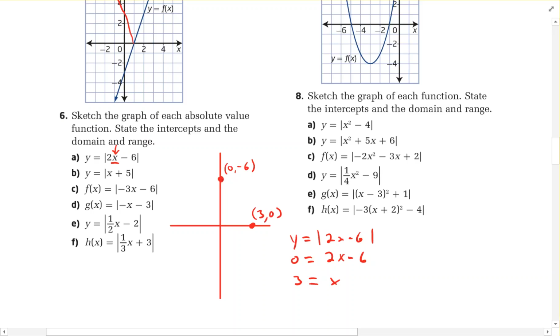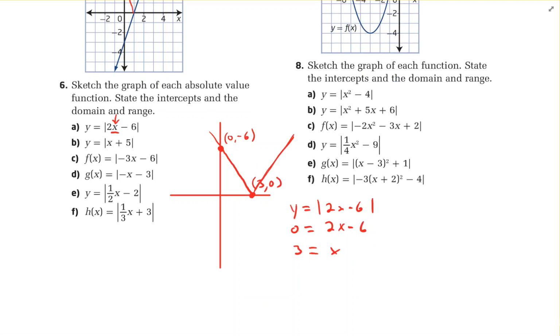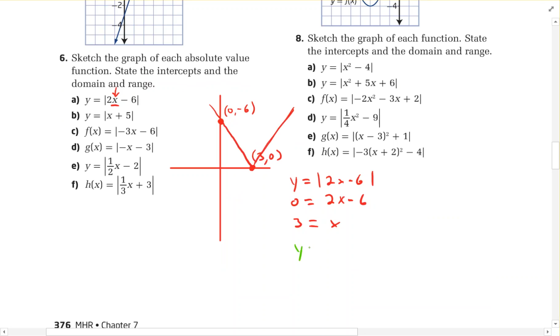So we know this is going to do something like this, and then probably go on up here. But let's figure out what one more point is. Let's put 4 in place of x and see what we get out. Starting with y is equal to the absolute value of 2 times 4, minus 6.